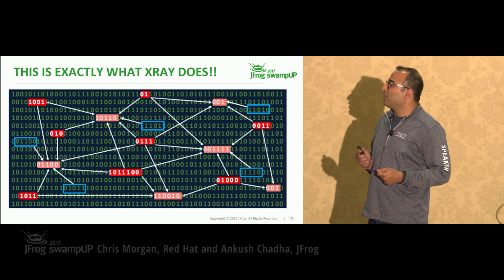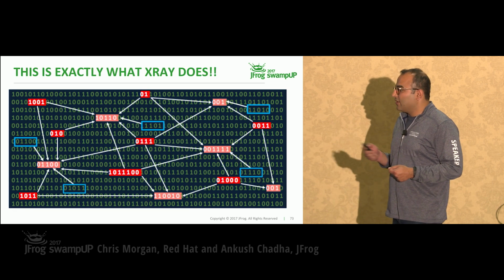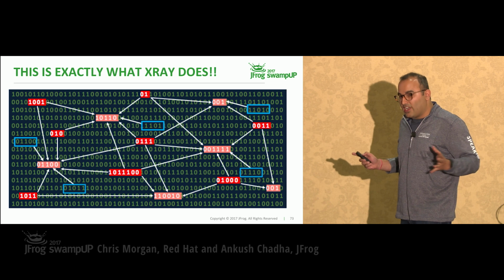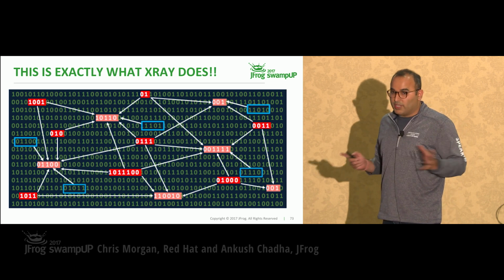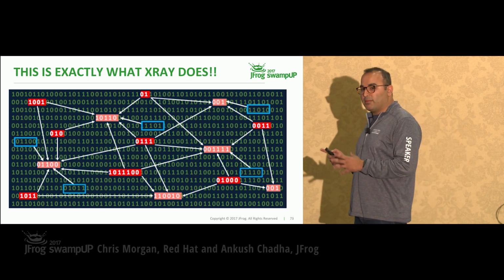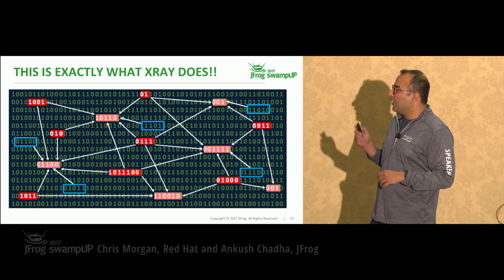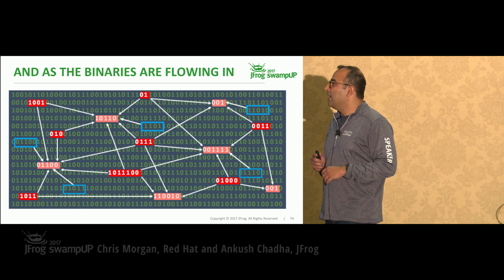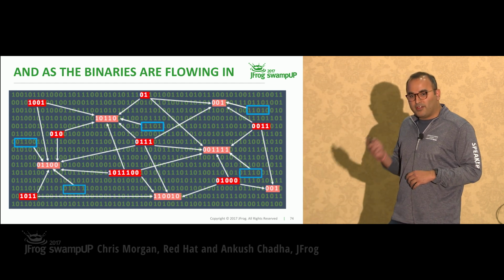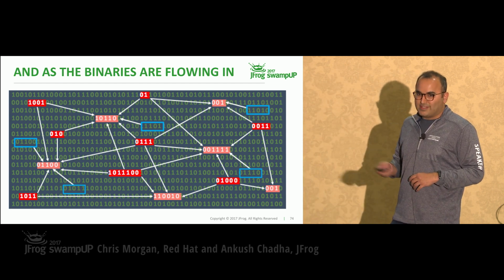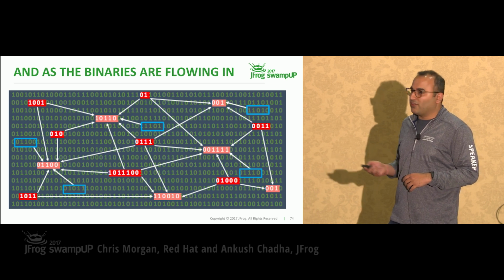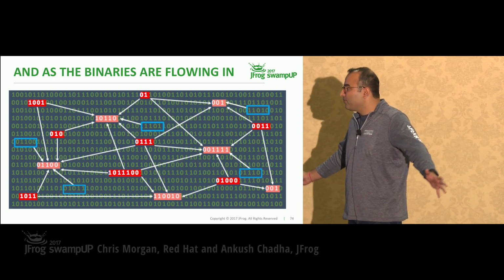And this is exactly what Xray does. It creates a very complex component graph of all the binaries, not only the third-party binaries, but even the company's own IP. It creates this component graph to do the impact analysis. And as the binaries are growing in Artifactory, as developers are pushing, and my CI engine is running and generating a lot of binaries, this graph is evolving, right?